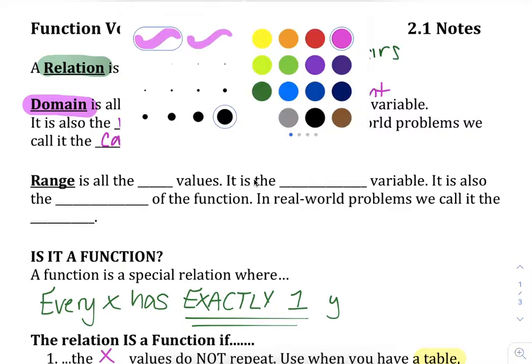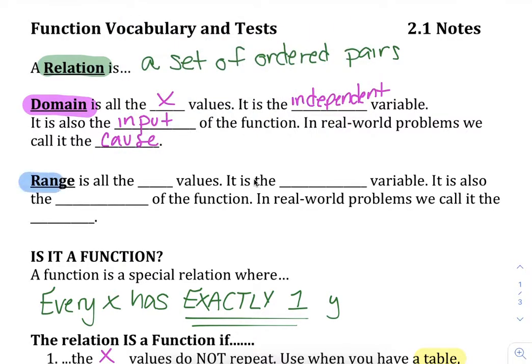So our next vocab word is going to be range. Range is the opposite. So if domain is x, that means my range is all of the y's. If my x's are independent, then that means my range or my y's, those are my dependent values. They are impacted. So if I change something on the x, my range or my y's depend on that, so they change accordingly.